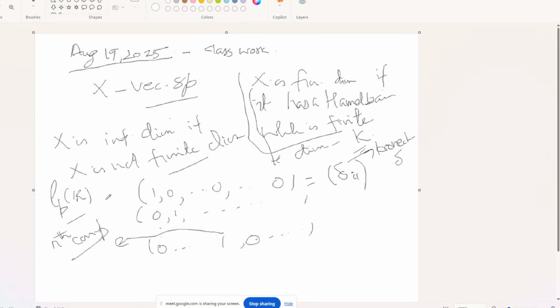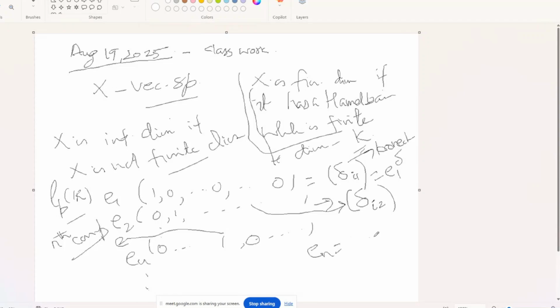You usually write these as e1, e2, en, and so on. How do you write e2? It is the sequence, the Kronecker delta, ith component with 2. So when i is 2, it is 1. If i is not 2, it is 0. So how do you write the nth sequence?